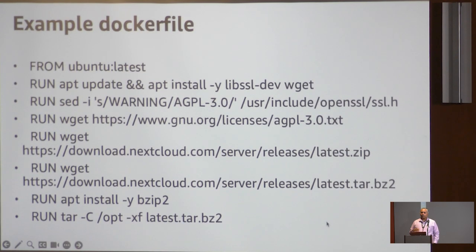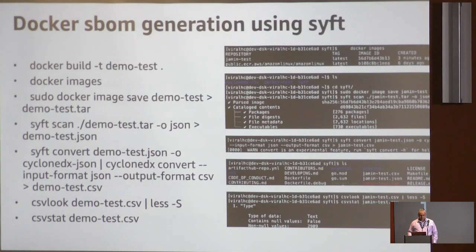I did not have a ready-made Dockerfile, so to test if Syft gives me a proper output, this was one of the example Dockerfiles we had created. It adds a little bit more complexity to the base image, and then basically I had to build a Docker image.